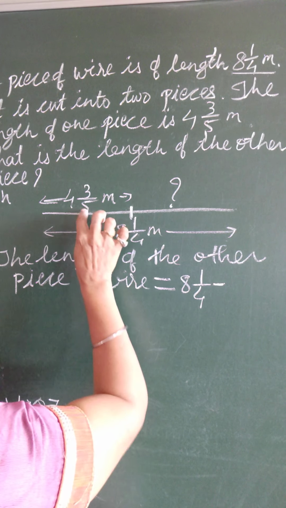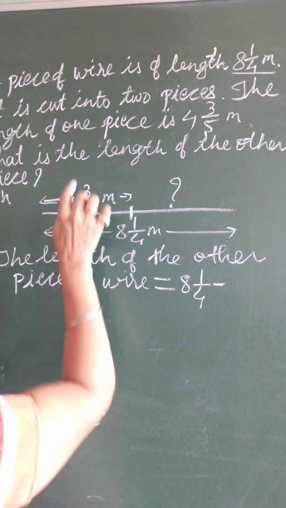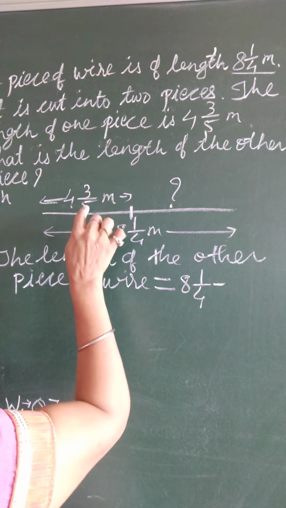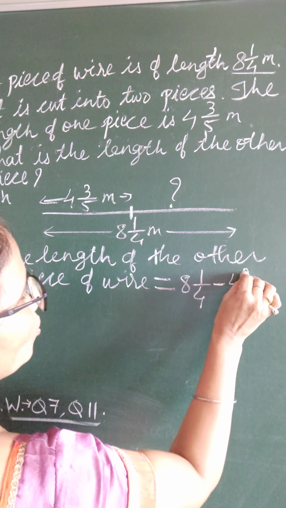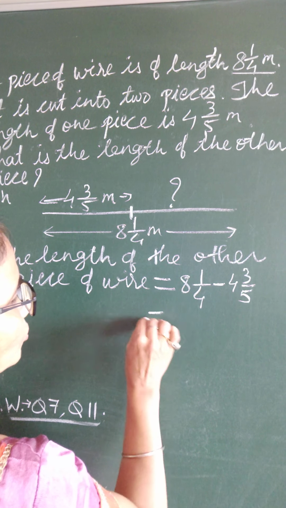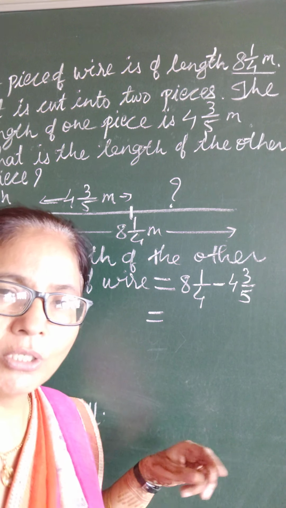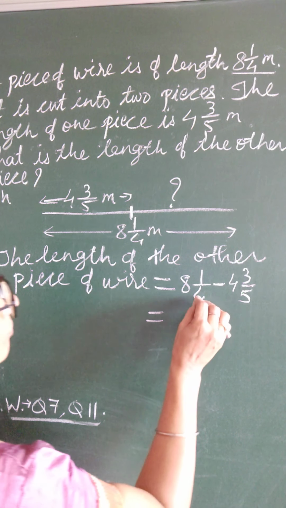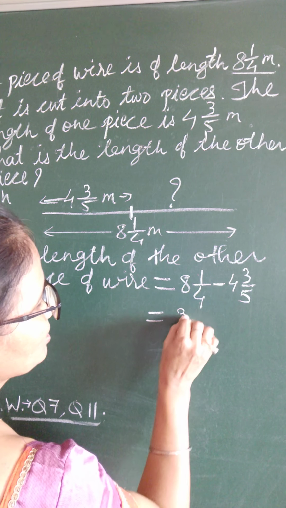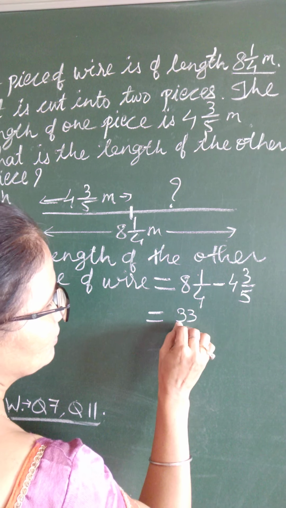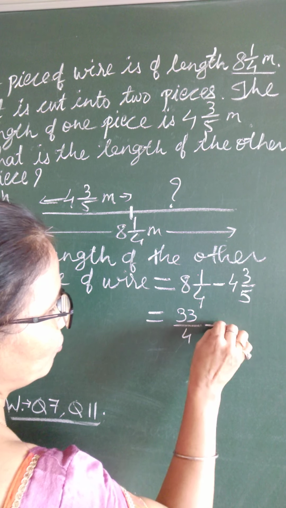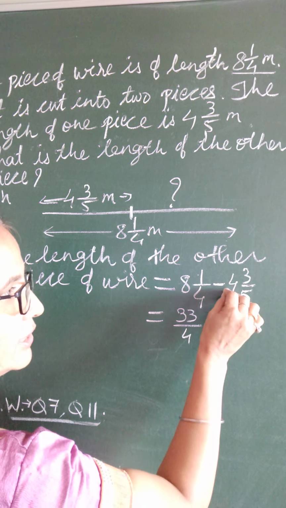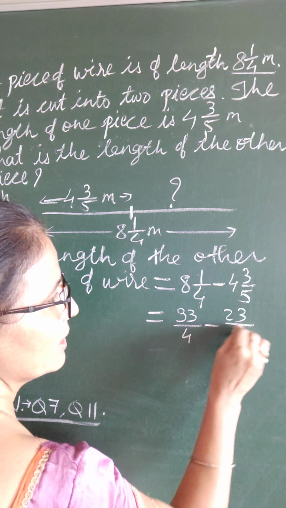From this you will subtract the length of one piece of wire, and that is what? 4 3/5. Now you know, if it is a mixed fraction, you have to convert it into improper. So convert: 8 times 4 is 32, 32 plus 1, 33/4, minus 5 times 4 is 20, 20 plus 3, 23/5.